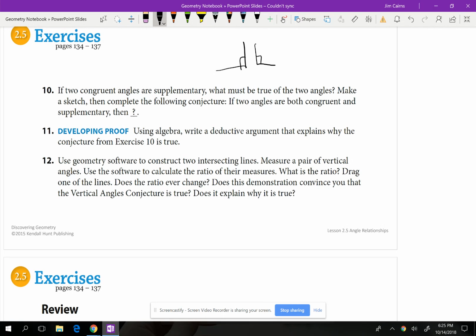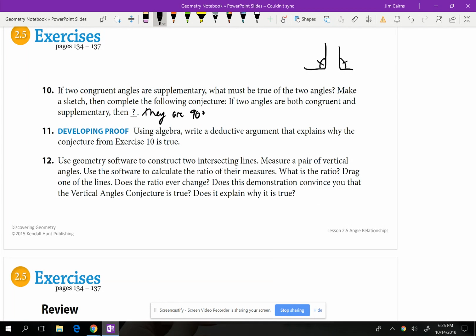They're congruent, and they're both 90, and they're supplementary. So if I have two angles and they're congruent and they add to 180, then they would both have to be 90.